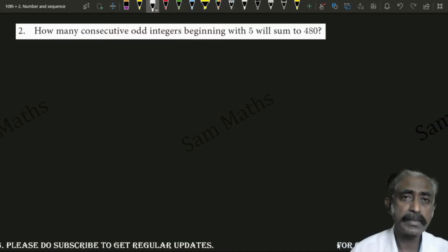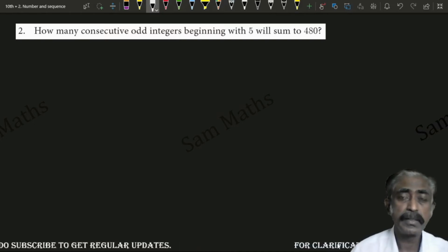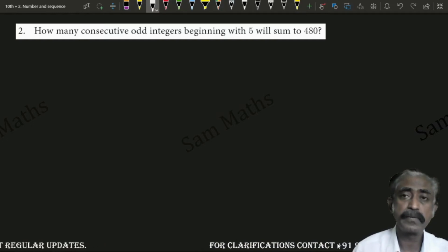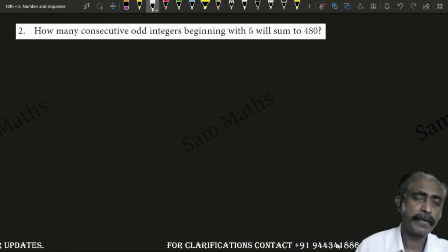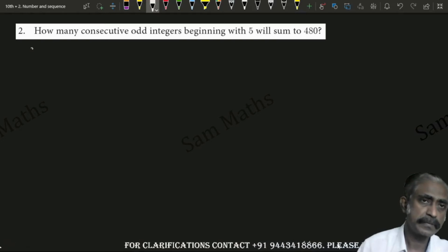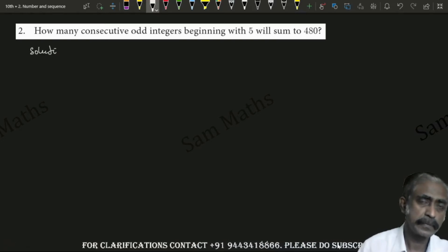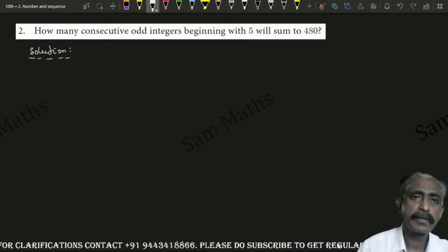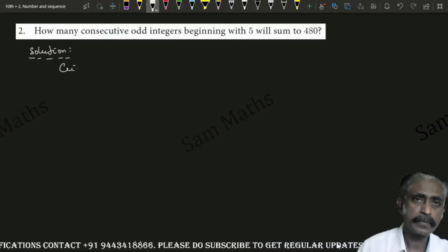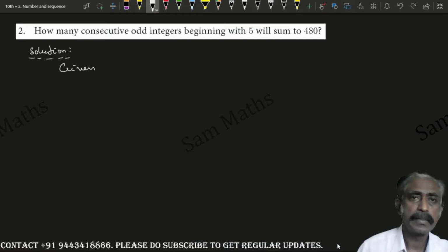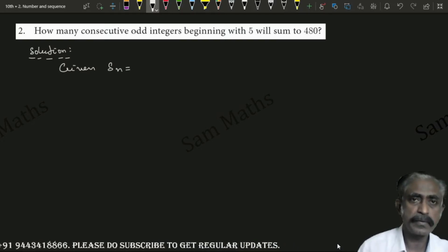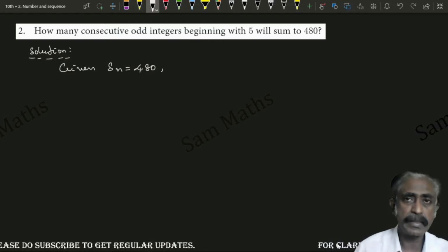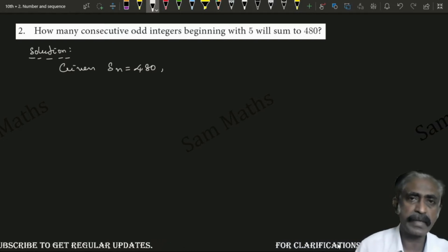Second question. How many consecutive odd integers beginning with 5 will sum to 480? Solution. Given Sn is equal to 480, consecutive odd integers beginning with 5.